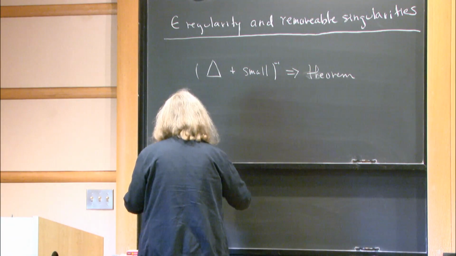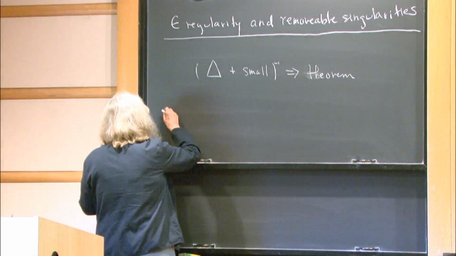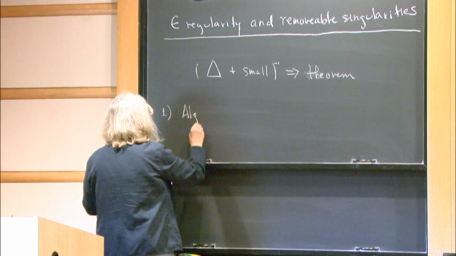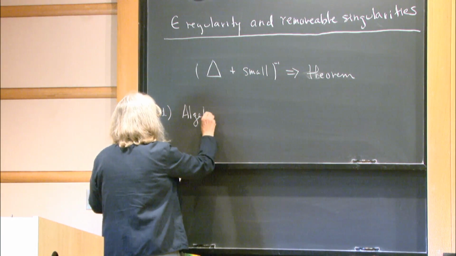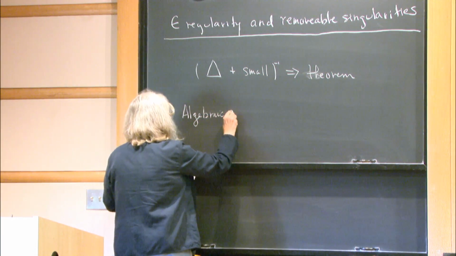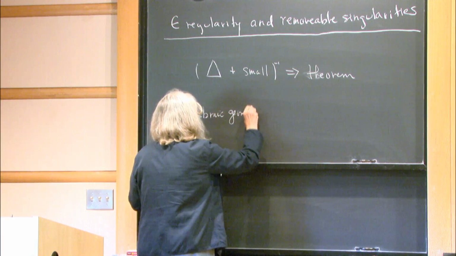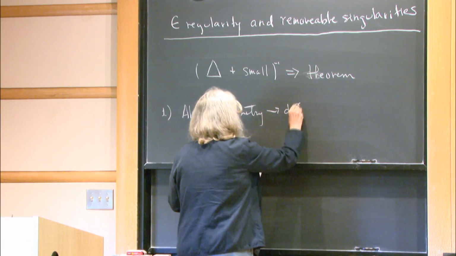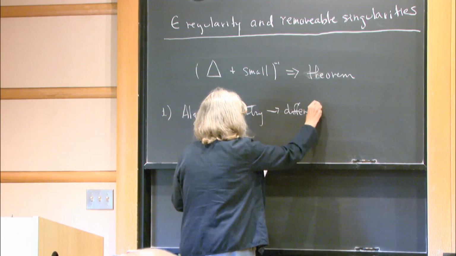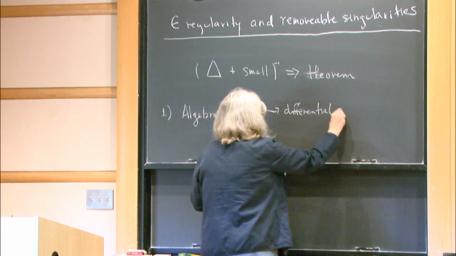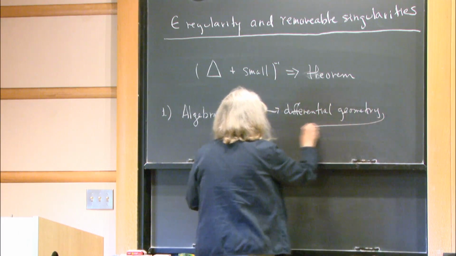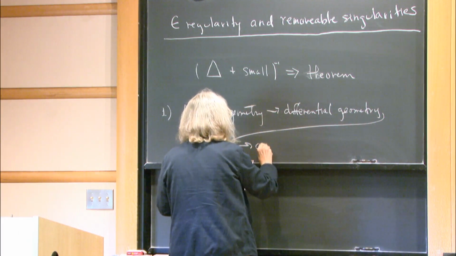Yeah. So let me say that there's sort of a philosophic piece, because there's the algebraic geometry, which leads you to the differential geometry, which you actually heard at least last week, and that leads to the analysis.